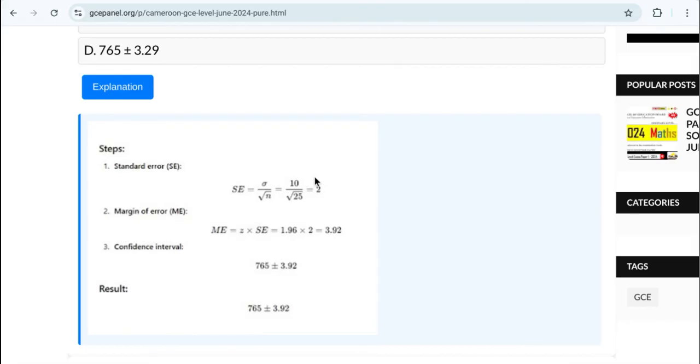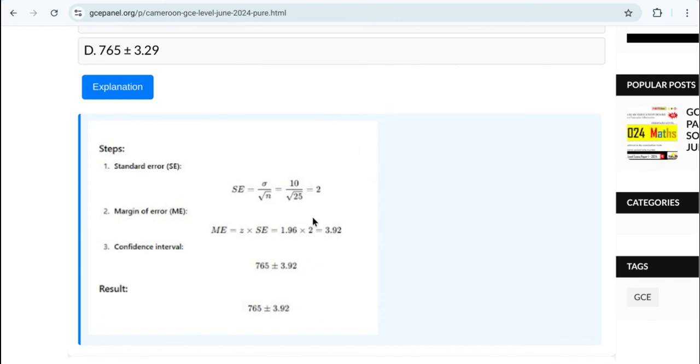That's the standard error. From here we can get the margin of error. Since we are at 95%, the margin of error will be 1.96 from your standard tables times this 2, and that gives us 3.92. Therefore our result is 765 plus or minus 3.92.